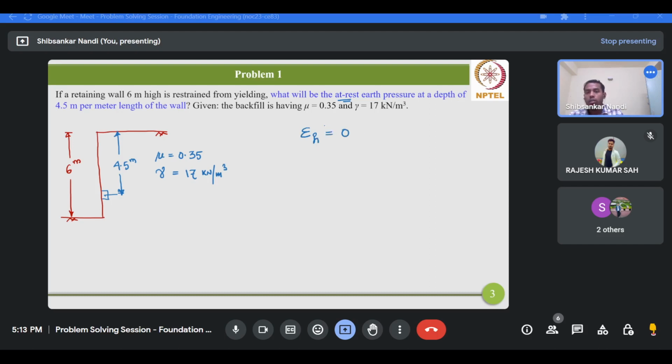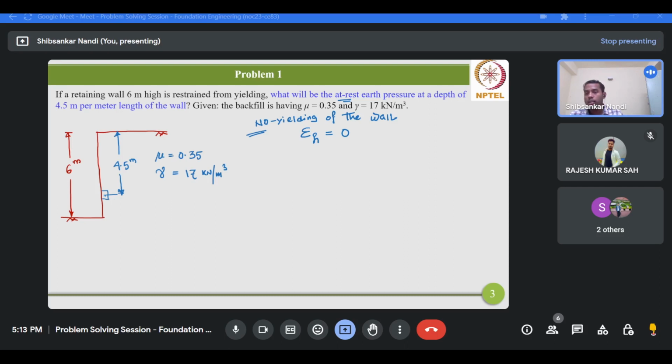So this is for at rest conditions, or when the retaining wall is restrained from yielding, the no yielding case. That means your horizontal strain should be 0. Now how can we determine the horizontal strain?